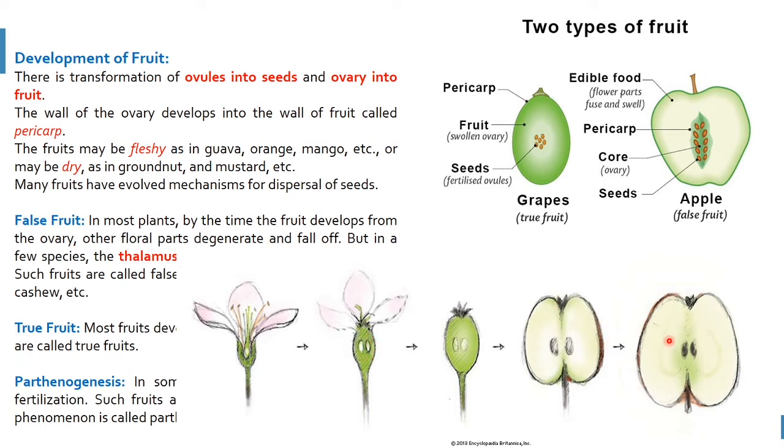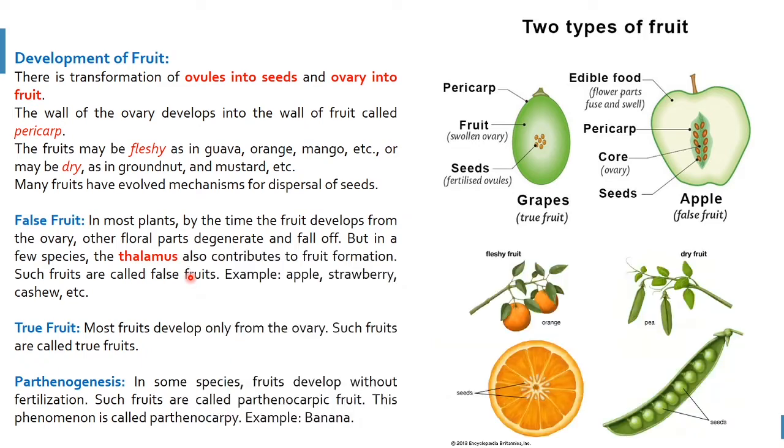Here we have this part. In between these lines is the ovary, the seeds are the ovule part, and this is the thalamus part, or swollen receptacle. These types of fruits are known as false fruits.